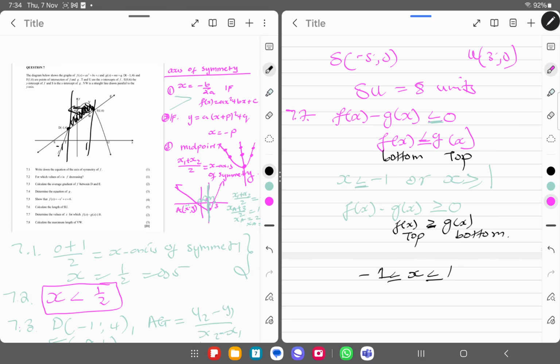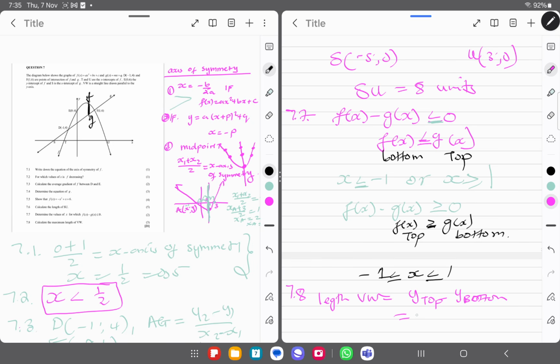Yeah, I just wanted to do another example of that kind. Then 7.8, calculate the maximum length of VW. When they say maximum or minimum length, just know you have to say top graph minus bottom graph. So at VW, who's at the top? F is at the top, G is at the bottom. So length VW equals y at the top minus y at the bottom.